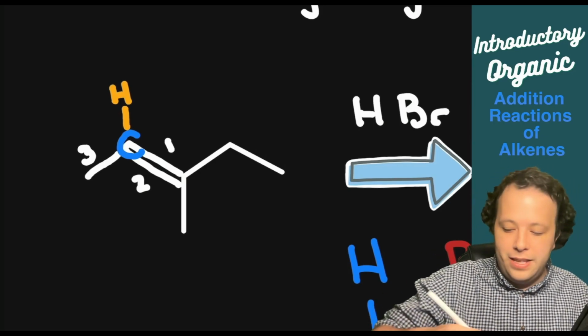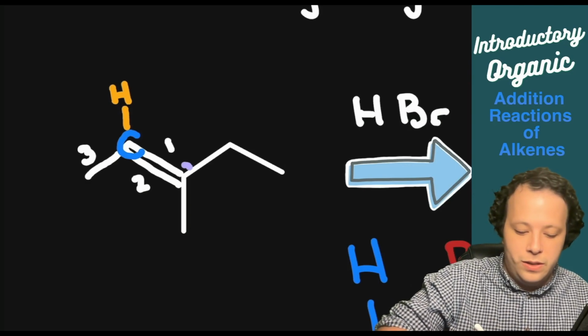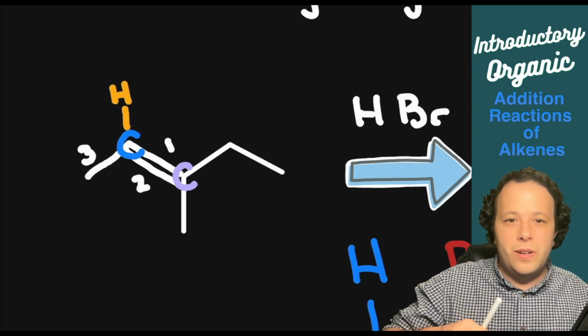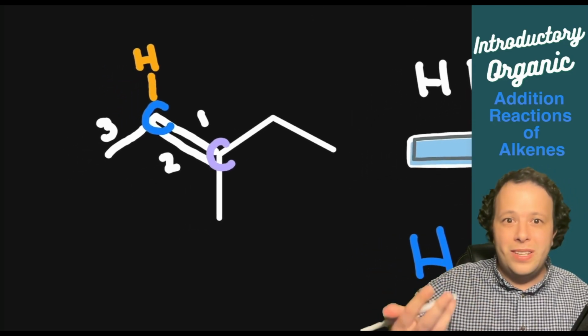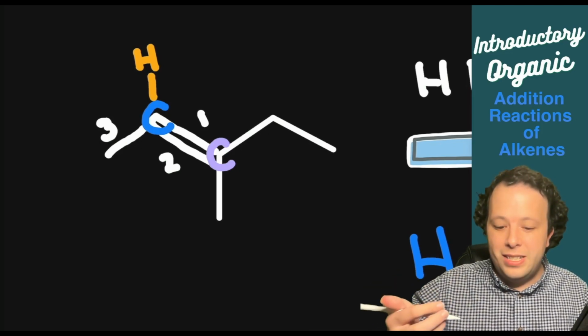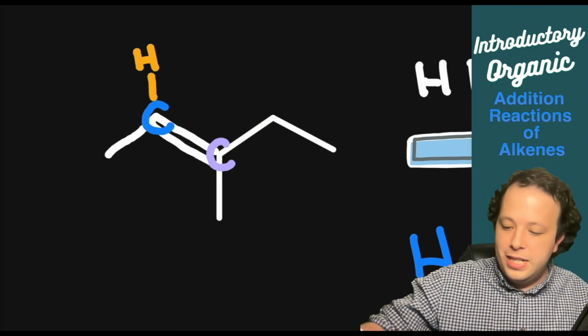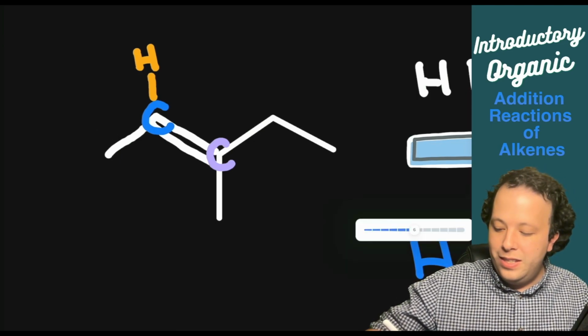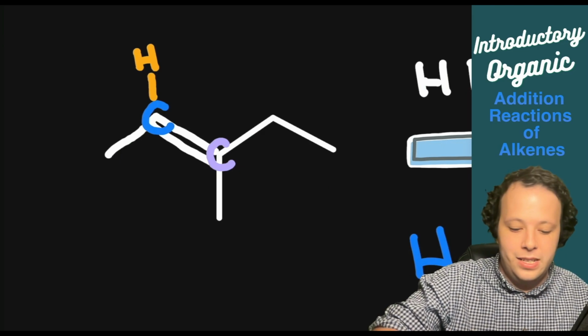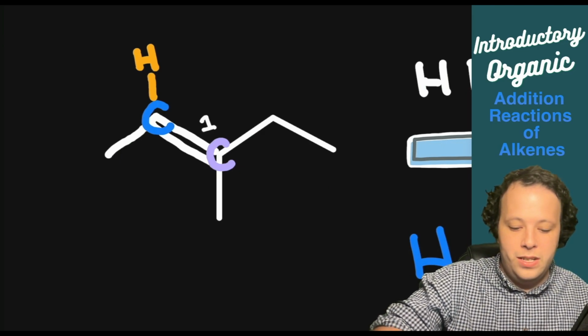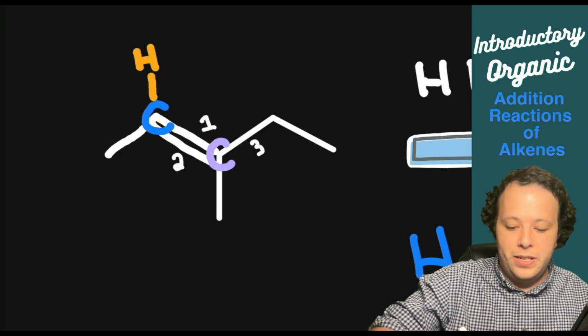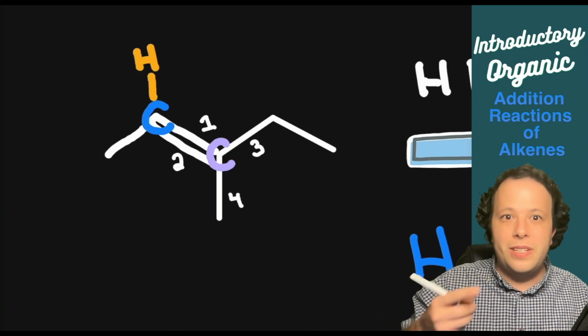Now, if we look at the other carbon, which I'll draw in purple here, what can we do if we zoom in on that? How many bonds are around that particular carbon? Same idea as before. We're going to count the number of bonds it currently has. We can see that we have 1, we have 2 for our double bond, 3, and 4 for the single bond.